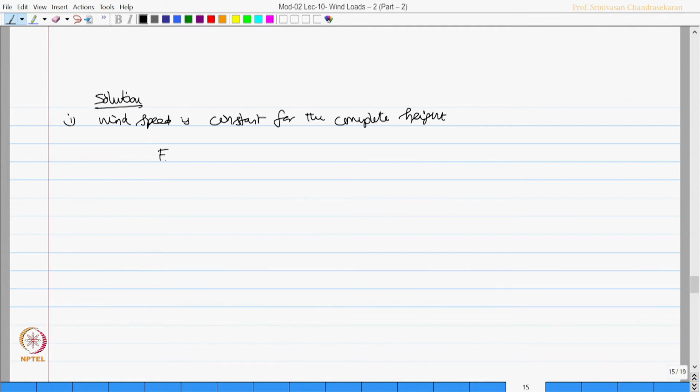We know that force because of wind is given by half rho CD u z square and the projected area. Let us say for a rectangular deck, the drag coefficient is 1.5 and we already said take u z as 70 meter per second.